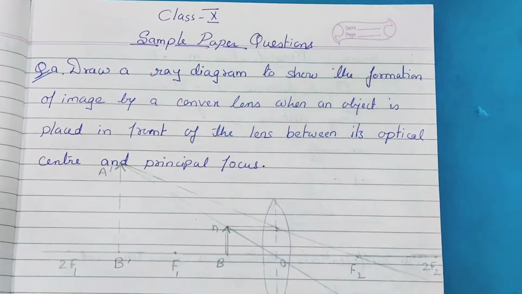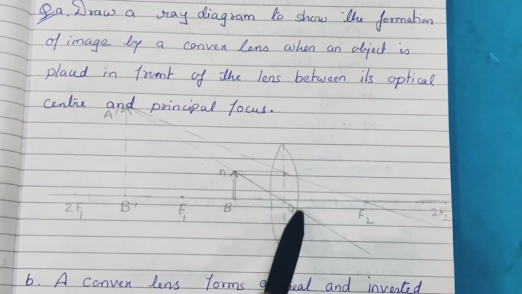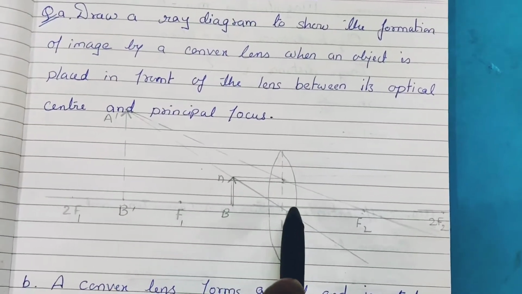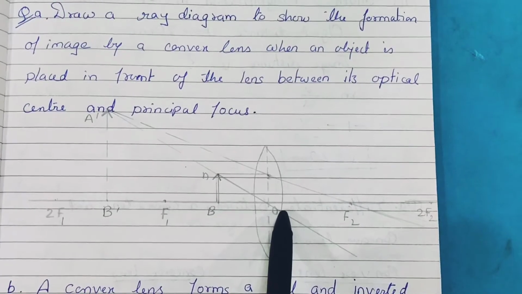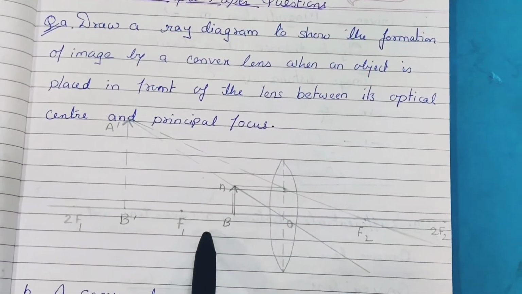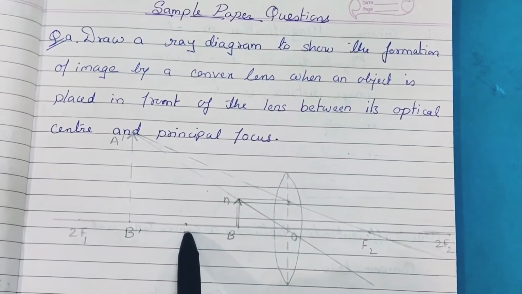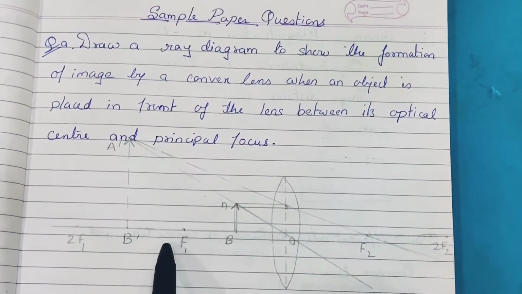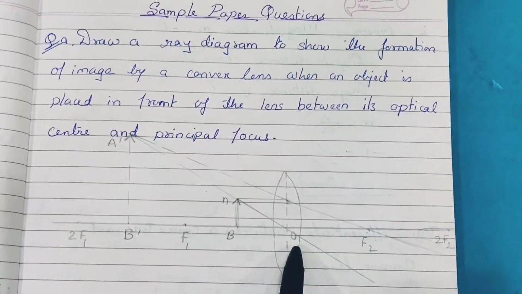So we will now do the question. This is your convex lens, thicker at the center. Then it is a convex lens. So the object is placed between the optical center, which we can call the pole, and the principal focus.